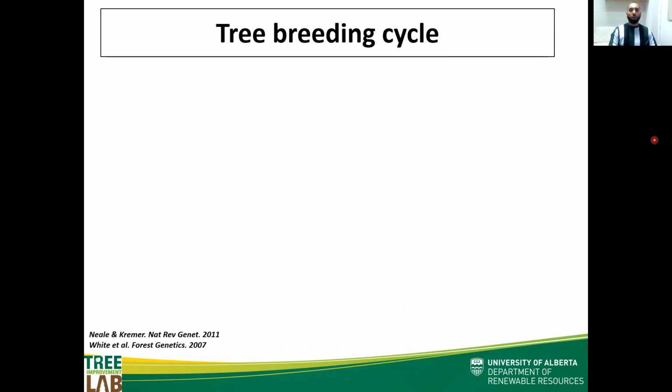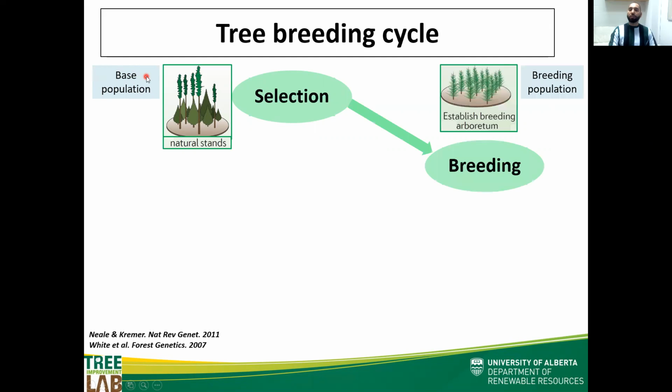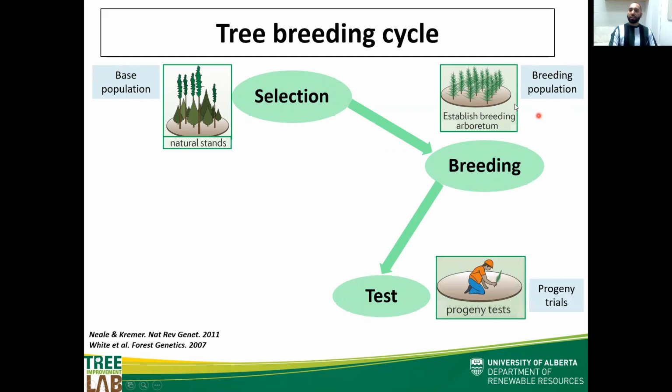So how it works. First, we select parents from natural stands to establish the base population. After selecting, we perform breeding to establish the breeding population, and we test the families from the breeding population in progeny trials.